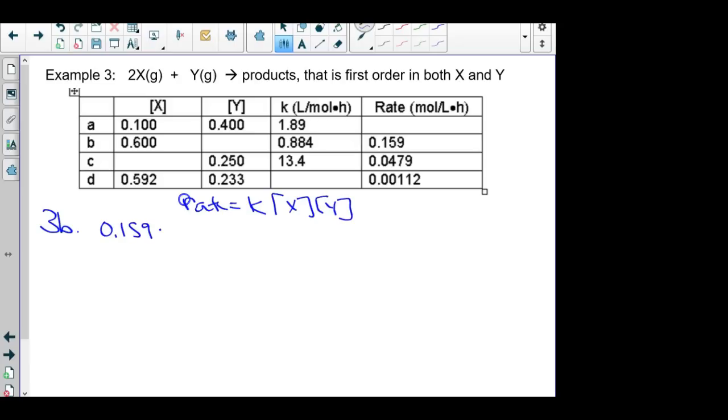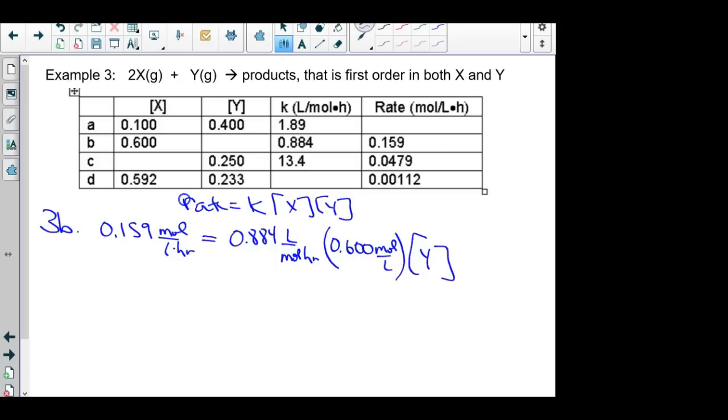Yes, you need to include units. Moles over liters hours equals K, which is 0.884 liters per mole hours times X, which is 0.600. Remember, square brackets means moles over liters. And then we're solving for Y.